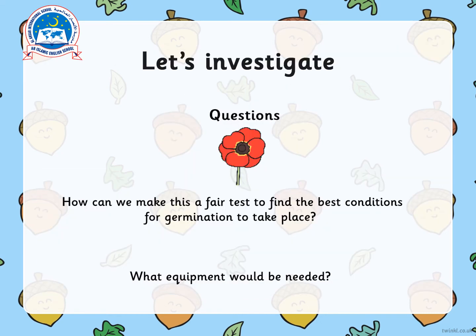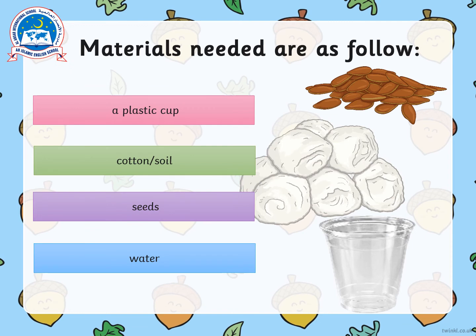Last, let's have this activity. We're going to investigate. What are you going to find out? You're going to find out how we can make this a fair test to find the best condition for germination to take place. What equipment you may need. Let's have a look. Materials we need are as follows: a plastic cup, cotton, soil, seeds, water.